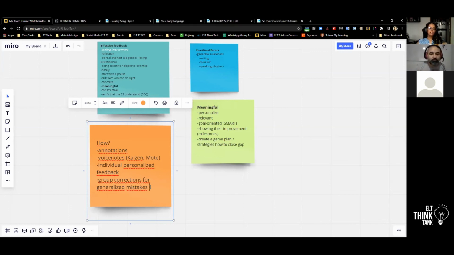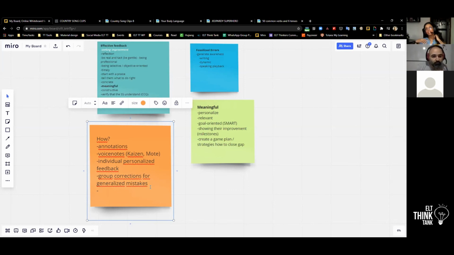Exactly. I think something in terms of how will also depend a lot on what kind of rubric or scoring system you're using. If you have a rubric in place, it is a lot easier to find the words to give that person feedback. I can take a criterion from the rubric and add it to the feedback, and then I have evidence to show that person, in writing or in the personalized feedback.